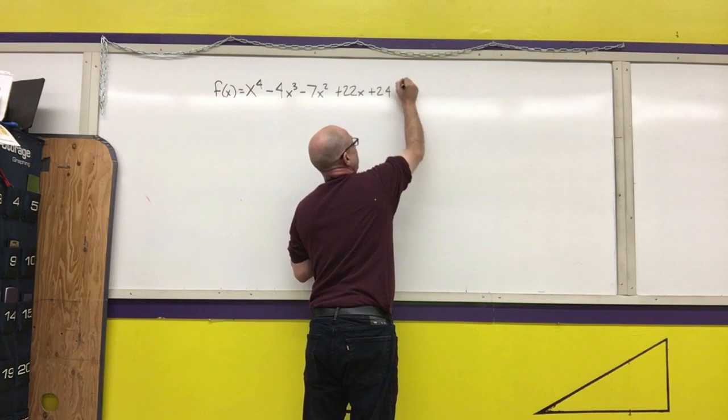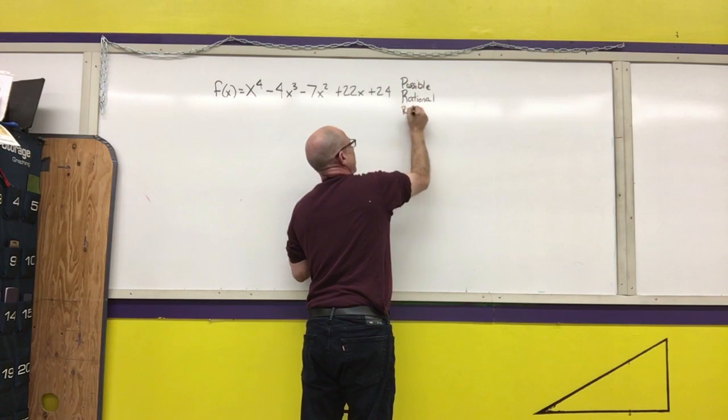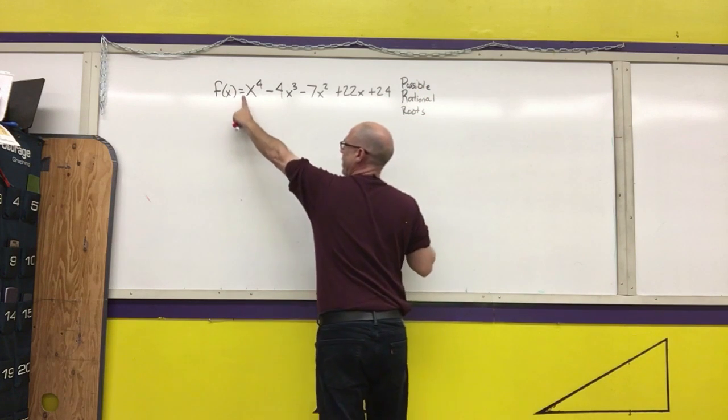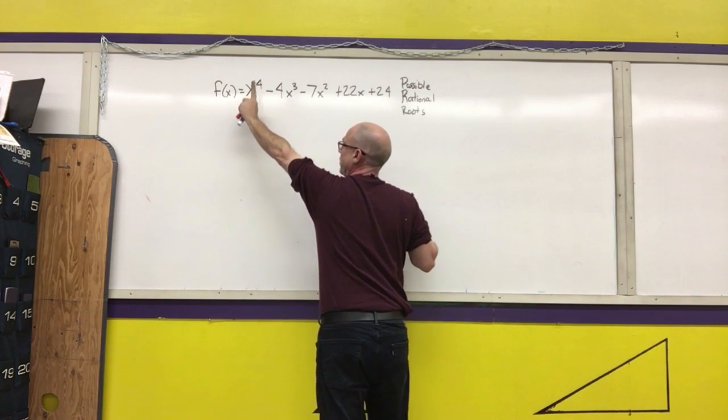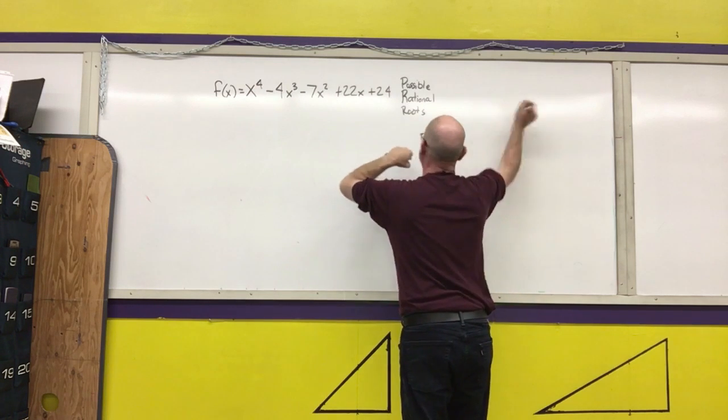So my possible rational roots are the factors of the constant term dividing by the factors of the leading coefficient. Leading coefficient is 1, so I'm not going to write the division symbol.